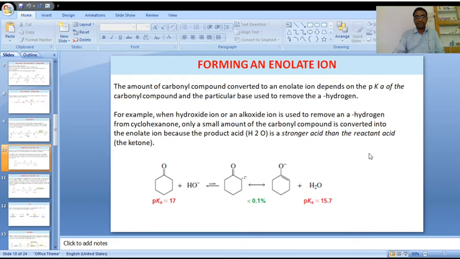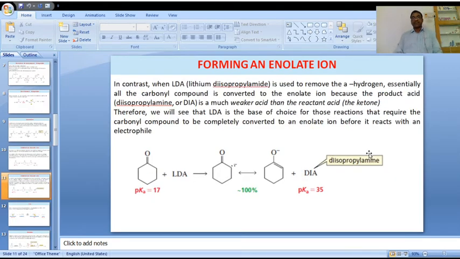Here, forming an enolate ion, enolate ion in the presence of LDA. Please observe.